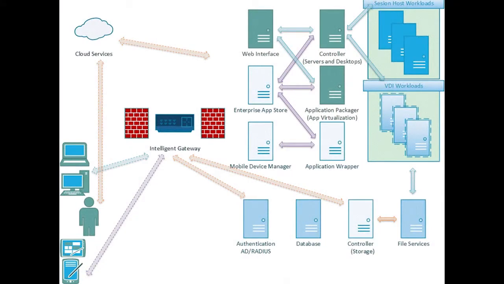So all of that is going to be used by our laptops and our desktops, but we can also deliver all of that through an enterprise application store to our mobile devices as well, our Android and iOS mobile phones and tablets.